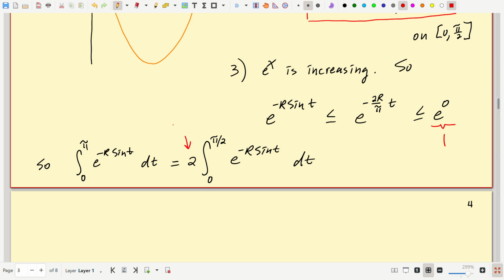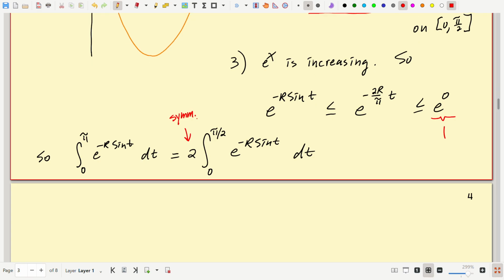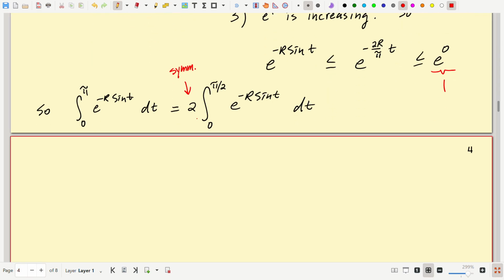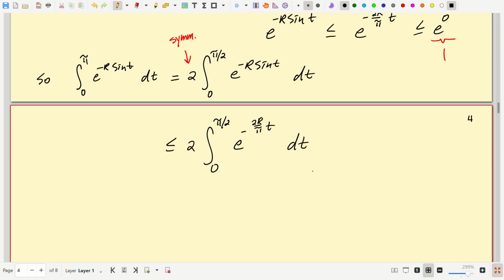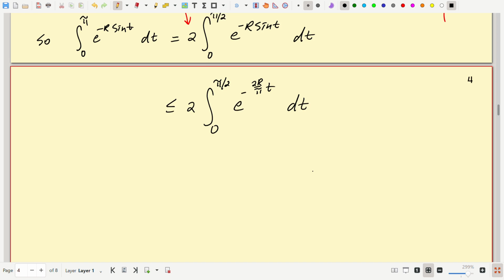And now I can estimate that: it's less than or equal to 2 times the integral from 0 to pi over 2 of e to the minus 2r over pi t dt. And that I can calculate.